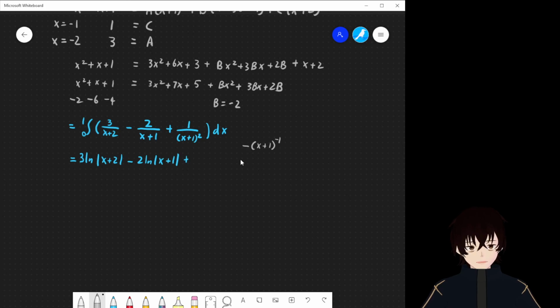That would be negative, and that turns to 1, -2. So this will be minus 1 over x plus 1, from 0 to 1.